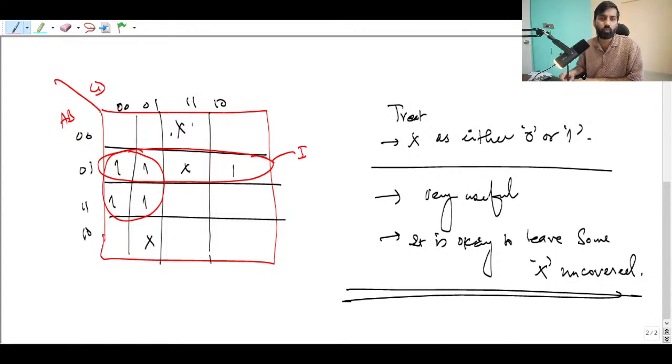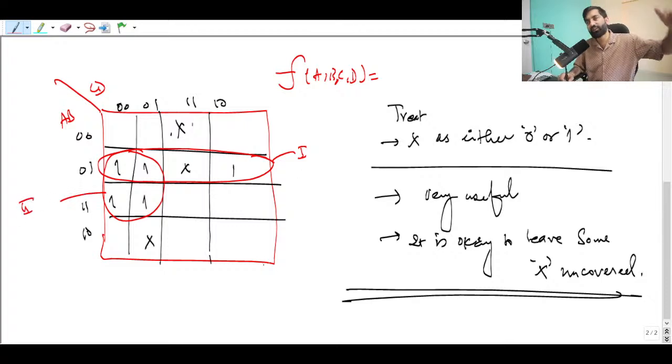What is going to be the result here? Can somebody tell me? The minimized function of a, b, c is going to be, this is second. If you go in the horizontal direction, here c d is changing, but a bar b is not changing.